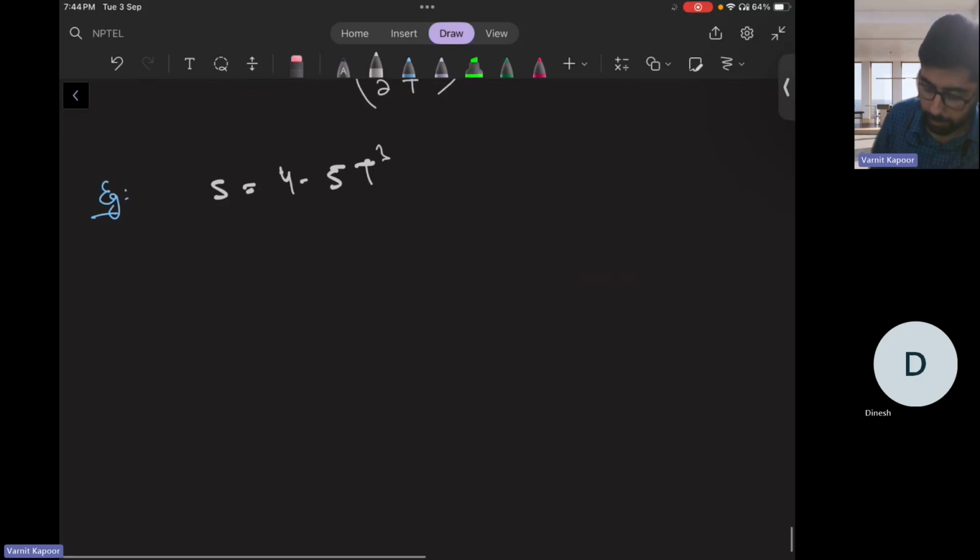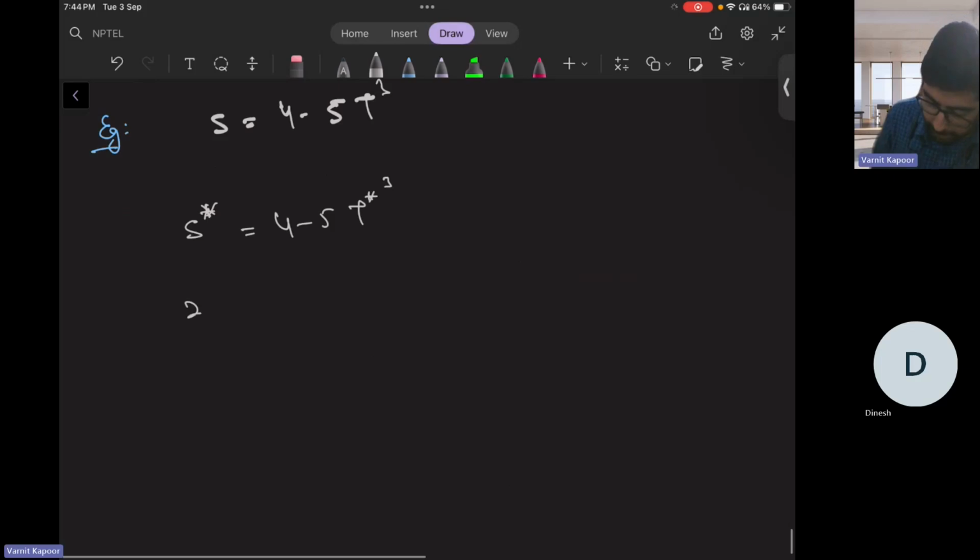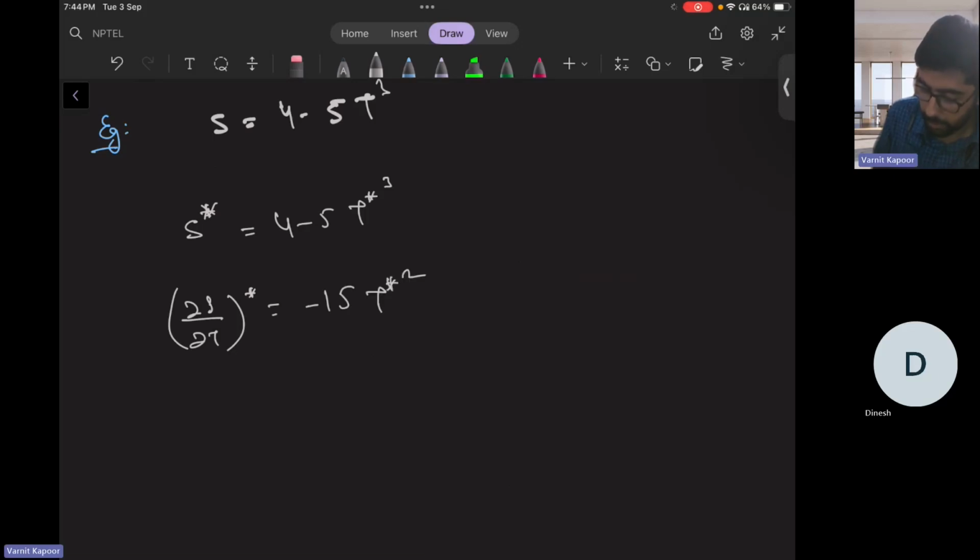So S star will be 4 minus 5 T star cube, and dS by dT will be minus 15 T star square.